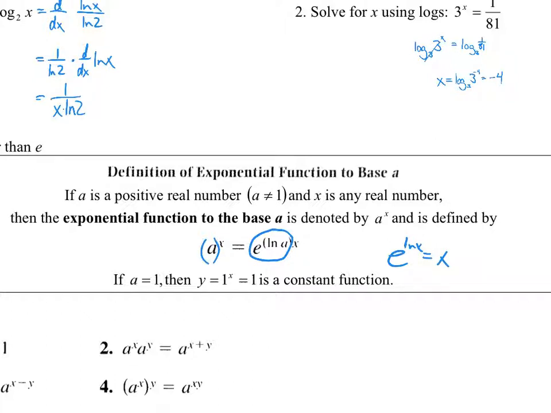E to the ln of a just equals a. And then that would be raised to the x power. Okay? So that's going to be at the root of how we will take derivatives of exponentials in this case as well.